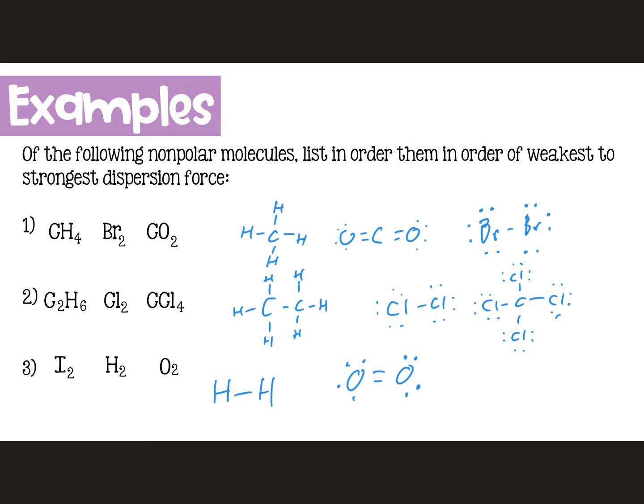So these can move around a little bit more. Iodine, which has a large number of electrons and its valence shell is far away from the center of the atom, is going to move around a lot more. So it's going to have the strongest dispersion forces.